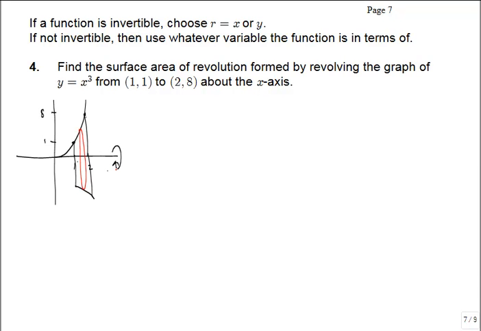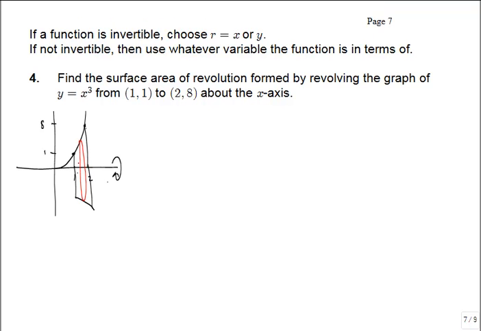The choices, though, that you have is how you define your radius function and what variable you choose to use. Now, y equals x cubed is what I would consider an invertible function. It's easy to solve for x in terms of y by just taking a cube root. So we can really do this problem either way, and I'm going to show you both options here.